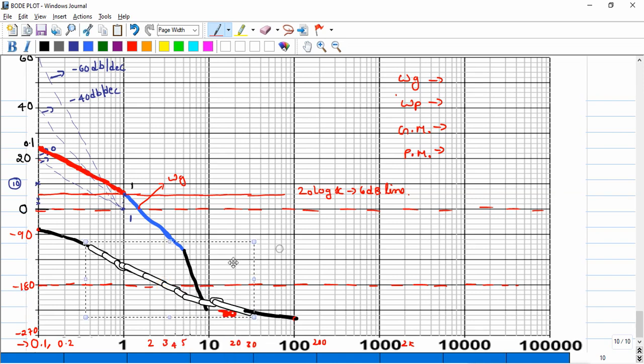So we call that as omega p, okay. So this identification I will let you know in the next class, how to identify omega g, omega p, gain margin, phase margin, okay.